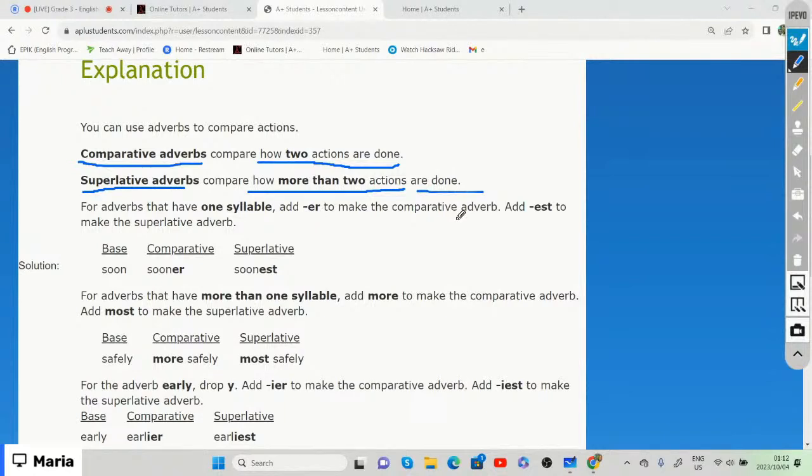We add er to make the comparative adverb, meaning we are comparing two actions, and that is called the comparative adverb. And we add est to make the superlative adverb. The superlative adverb shows how more than two actions are done.